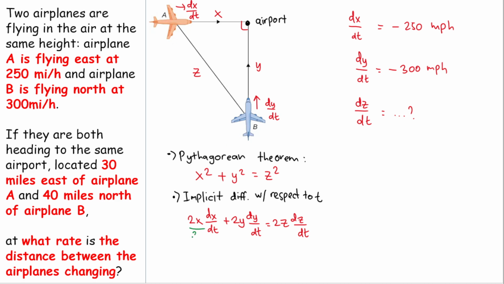The 2s cancel each other, so we will have our dz/dt equal to x over z times dx/dt, plus y over z multiplied by dy/dt.